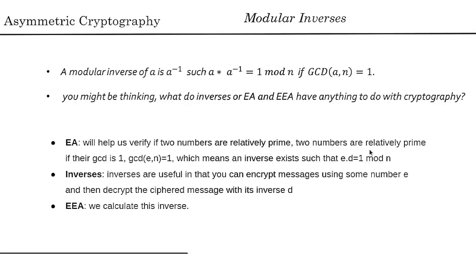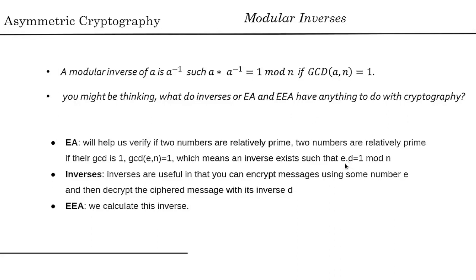How do we verify that they are relatively prime? We just use the Euclidean algorithm, because in big numbers we already said that it is hard, but using the Euclidean algorithm it will be easier. After verifying that the two numbers are relatively prime, it means that there is an inverse, as we said, d.